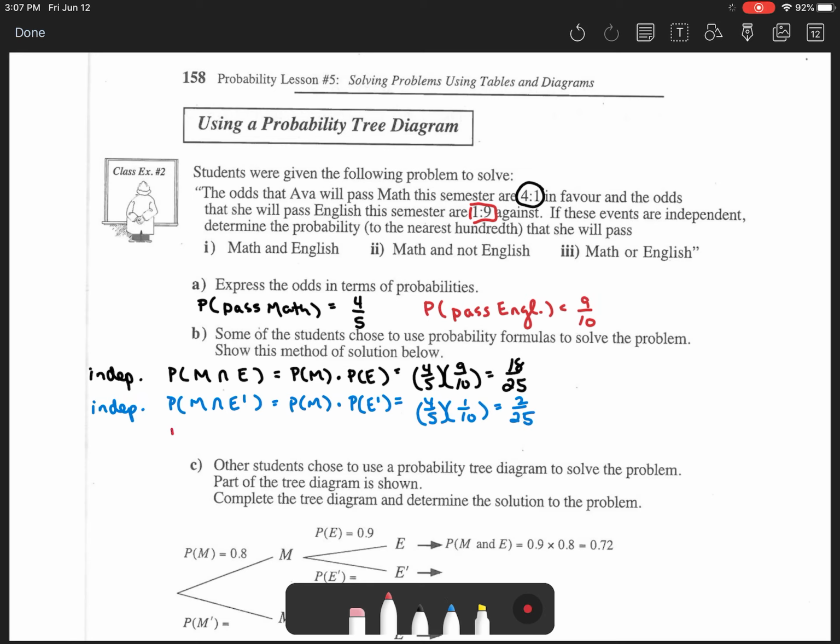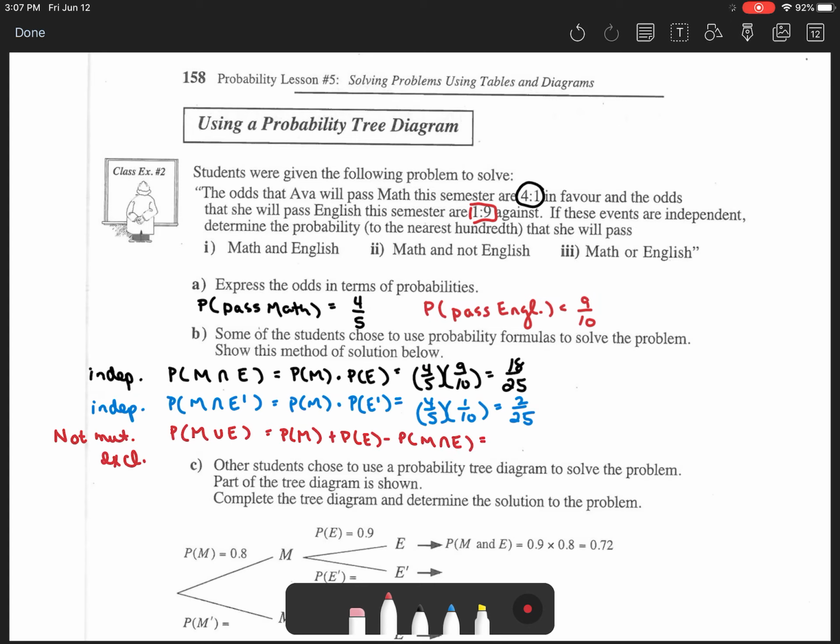And then the third one, this is the probability of math or English. This time I wanted to know, are they mutually exclusive or not? Well, these are not mutually exclusive. So I take a look at my non-mutually exclusive formula. This will be the probability of math plus the probability of English, minus the probability of math and English.